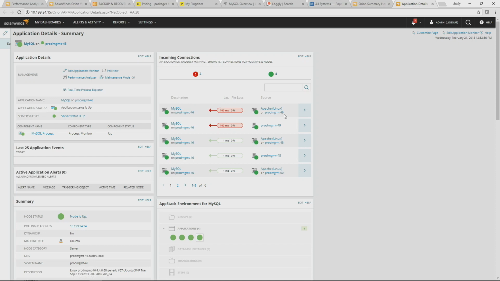And I can tell, depending upon what I am or am not monitoring on the other side, what is actually connecting to that. So in this instance, I have actually multiple different things trying to communicate with the MySQL server. One of them is just something that I created as a different connection just to show that there's differences coming in there. And the other is the actual Apache server connecting back to the MySQL server.